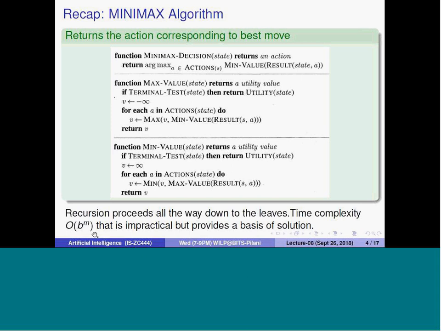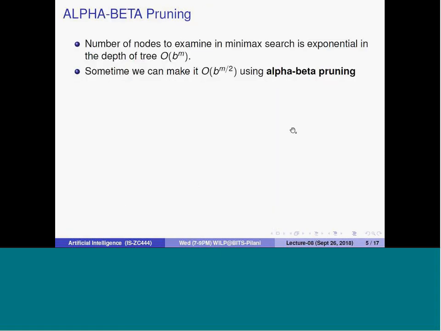This is going to be a big number. What is b? B is the branching factor. If you are here, how many other branches are there? You have to evaluate all of them, then go down and evaluate all of them until you reach the solution. Let's assume the solution is at depth m, so it is going to take the order of b to the power m. A very big number.